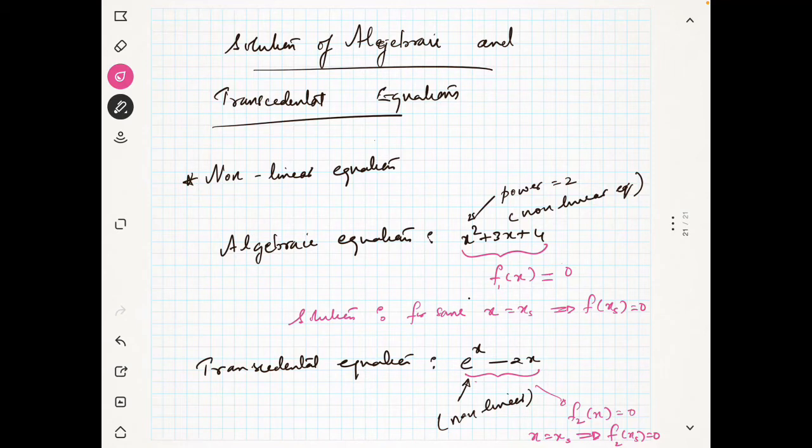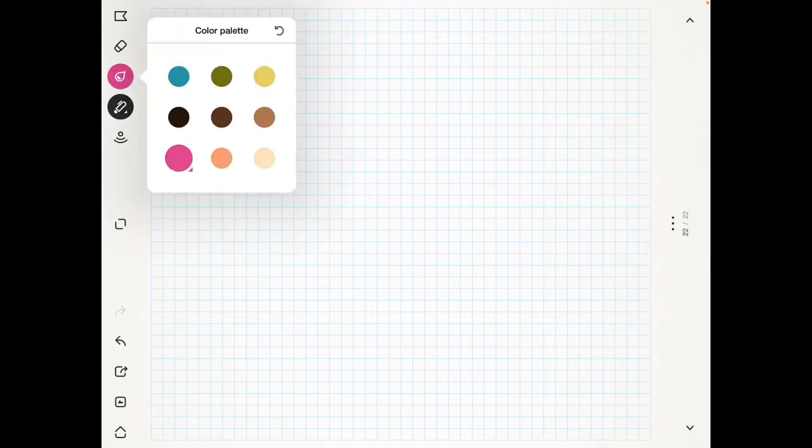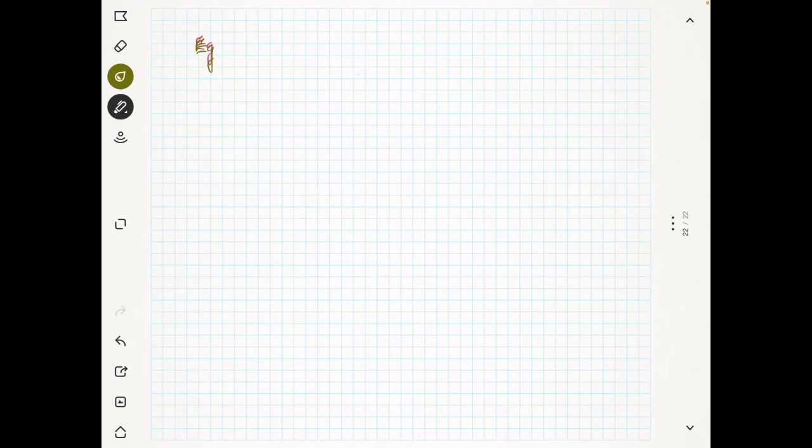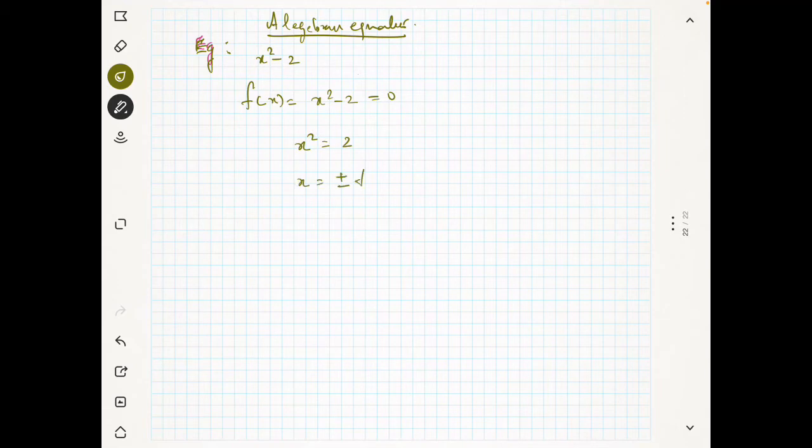That means, if you have another example, an algebraic equation, you can see here, I will consider x square minus 2. Now we'll put f of x which is equal to x square minus 2, which is equal to 0. That means for some values of x, this will be 0. That means x square is equal to 2 and x is equal to plus or minus square root of 2.